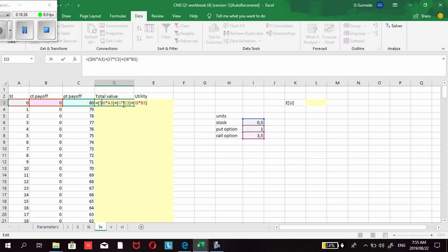I'm going to put the dollar here, here, here, and here. So by putting this dollar, I'm locking these values as I go down.